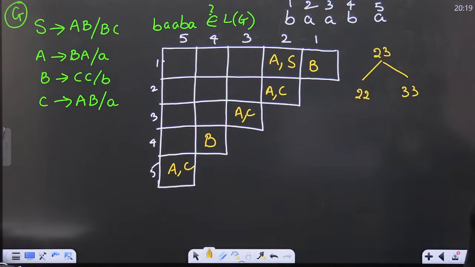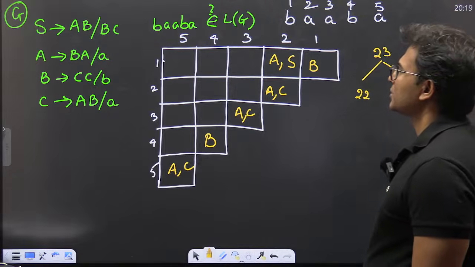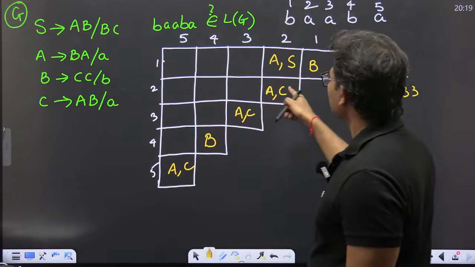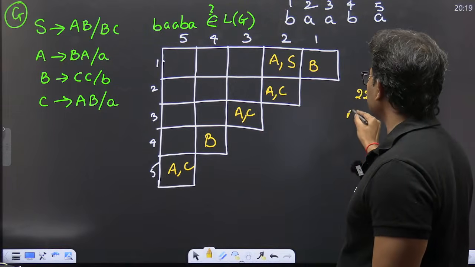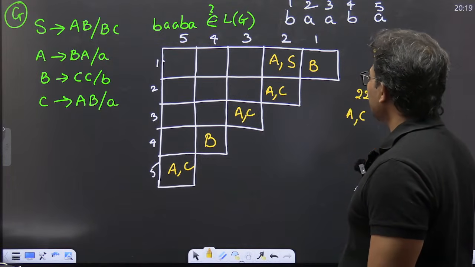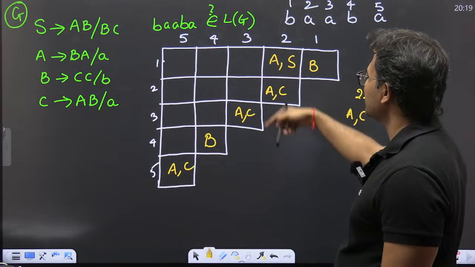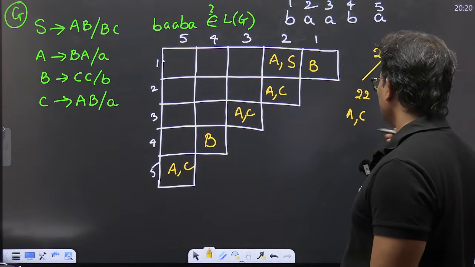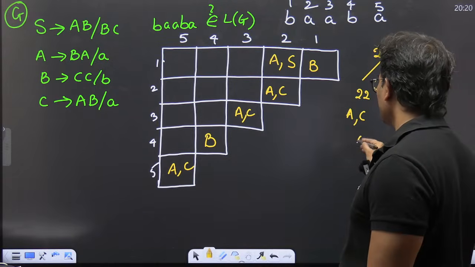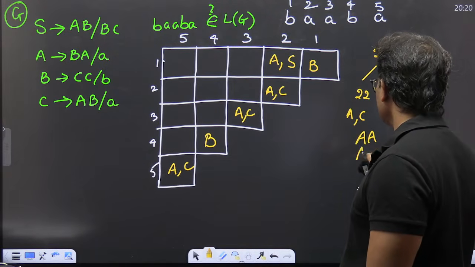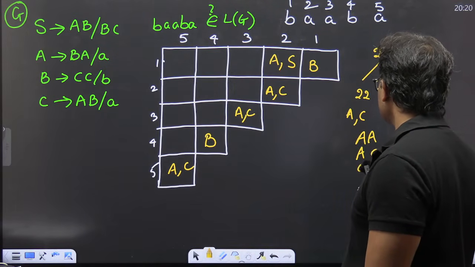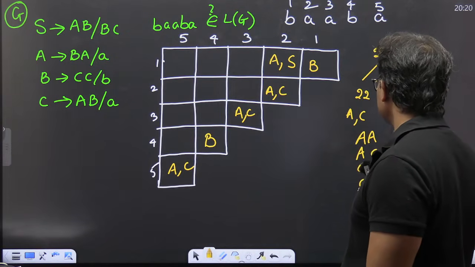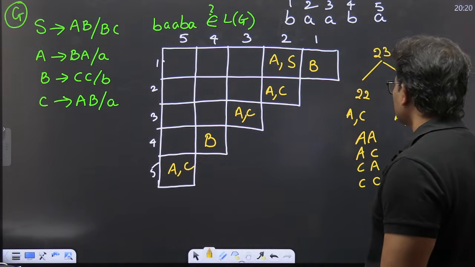So what is 2, 2? 2, 2 is A comma C and 3, 3 is also A comma C. Now if you multiply both of them, we are going to get 4: AA, AC, CA and CC. Right.